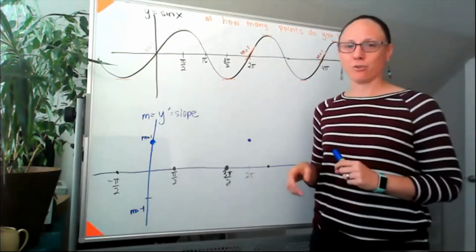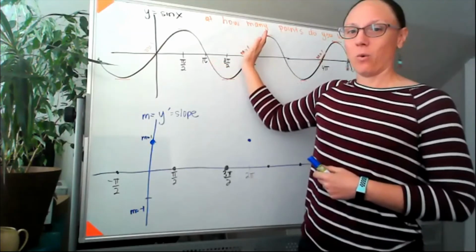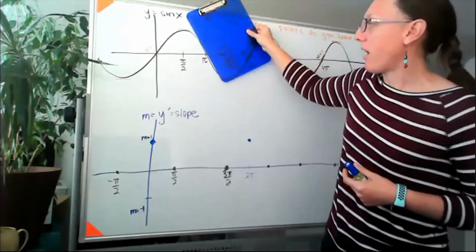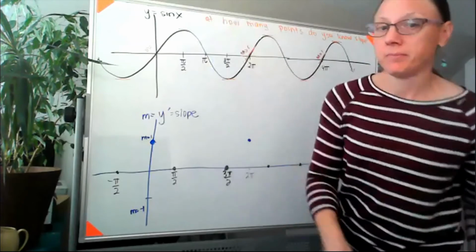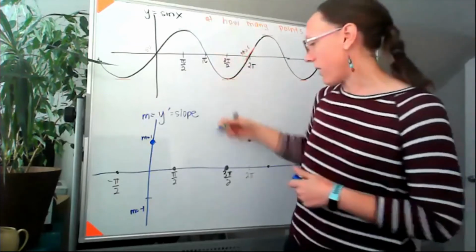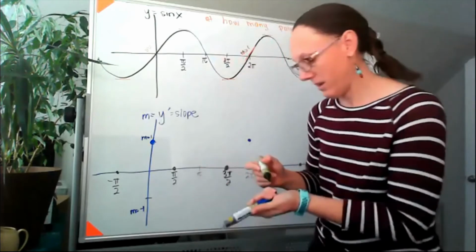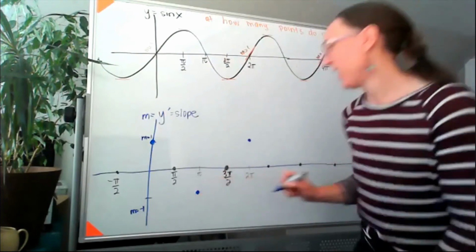Not going to drag this out too long, but if I'm calling that a slope of about 1, then this slope here at pi is a slope of about negative 1. So at pi, I've got a slope of about negative 1.